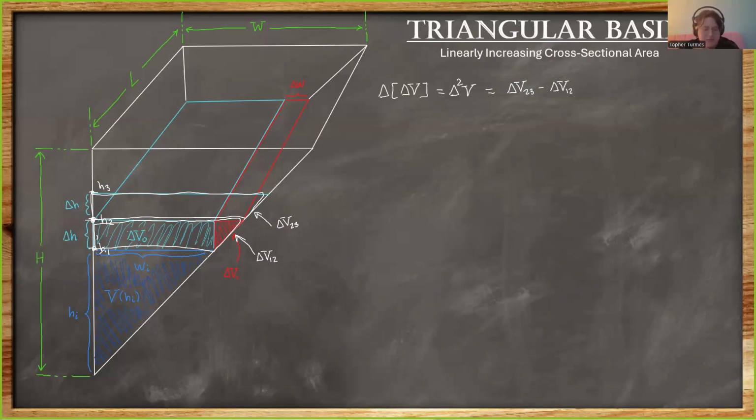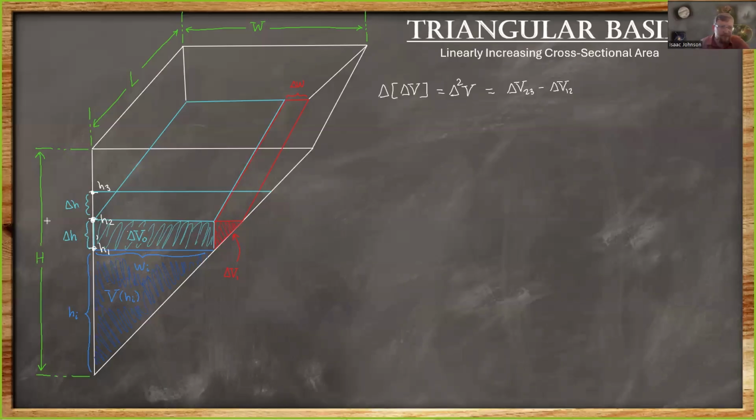I'm thinking geometrically because if we're looking at this as a rectangular prism with a triangular prism that we just attach to the side, then we're just going to do that twice and just subtract the last one from that first one. I like it.